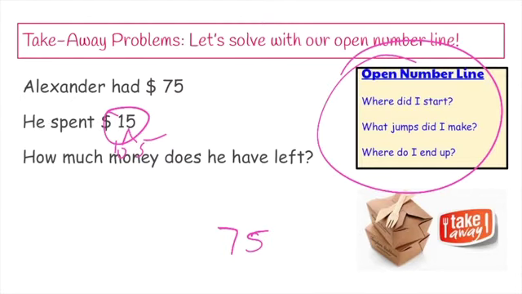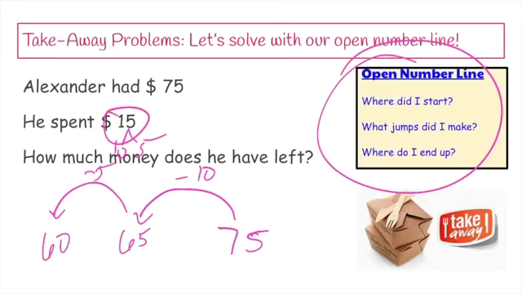So we hop back our 10s to get to 65. And then we hop back that 5 that's left to get to 60. So where do we end up? We end up at 60. And what equation can we write for this problem? 75 minus 15 equals 60. Everyone see that?